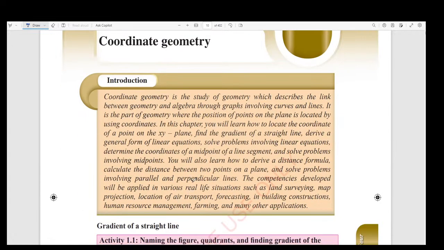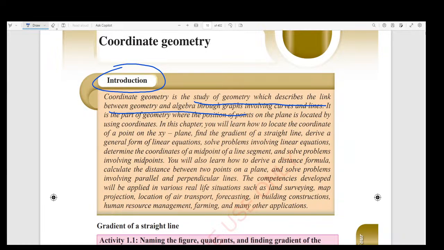So I think before we go to gradient, it's important for you to understand the introduction of coordinate geometry. Coordinate geometry is the study of geometry which describes the link between geometry and algebra through graphs involving curves and lines.